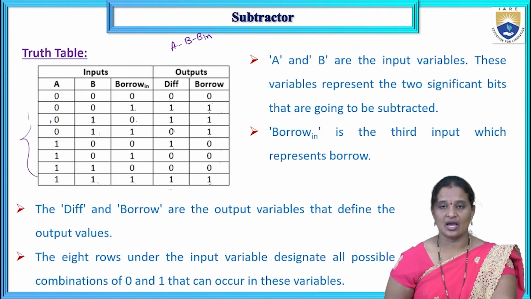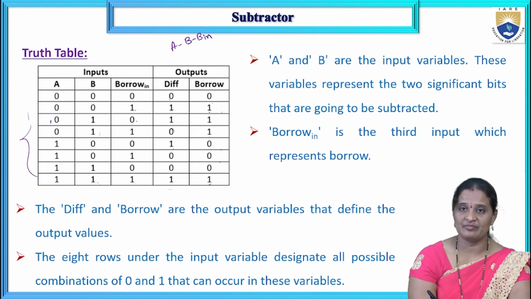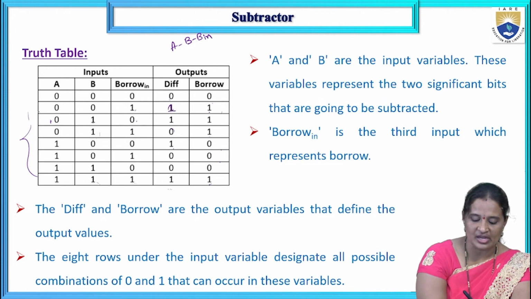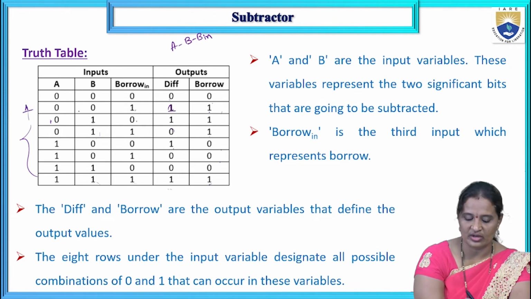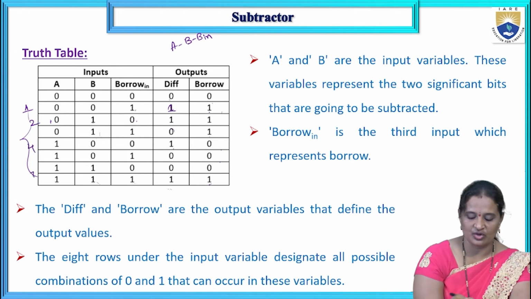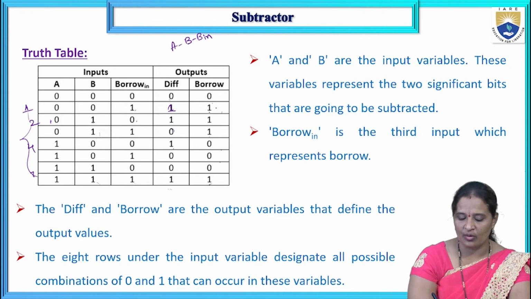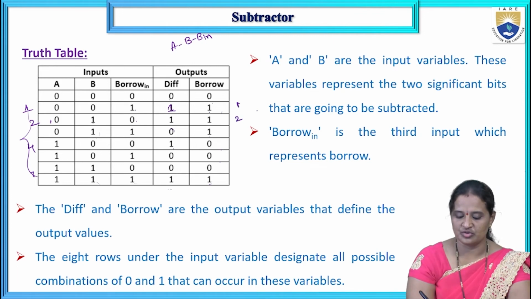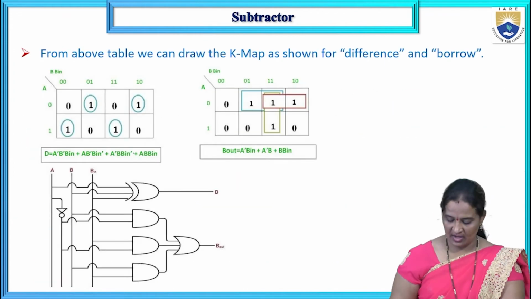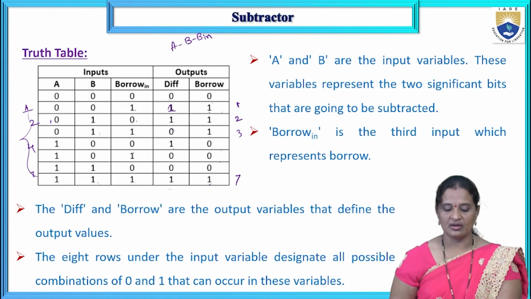Now based on this, I want to draw the K-map so that the difference output equation and borrow output equation can be derived. Difference output is 1 for the combinations 1, 2, 4, 7. Now coming to the borrow, this is 1, 2, 3 and 7.